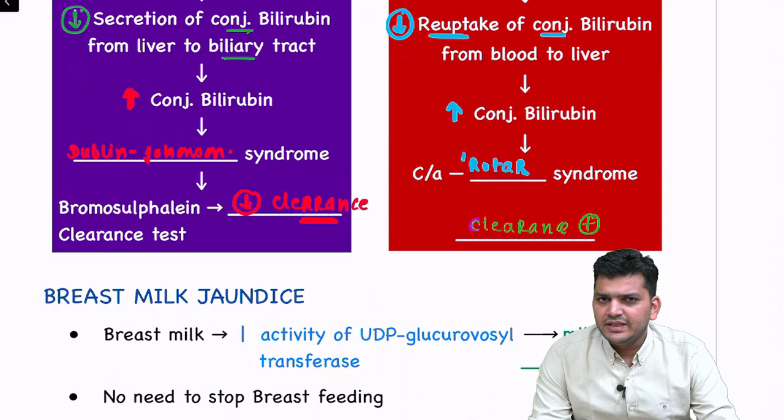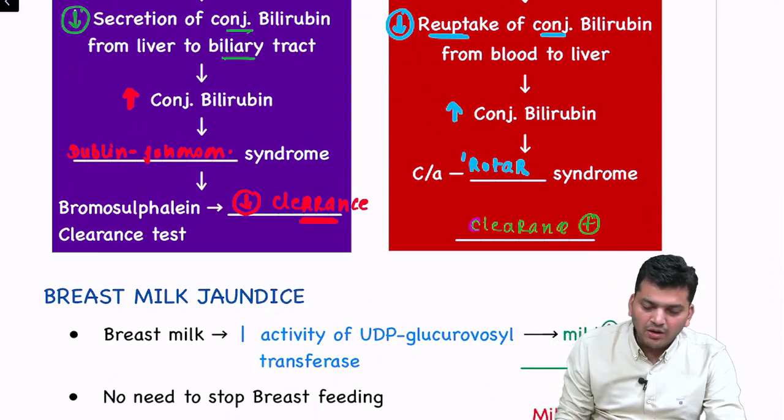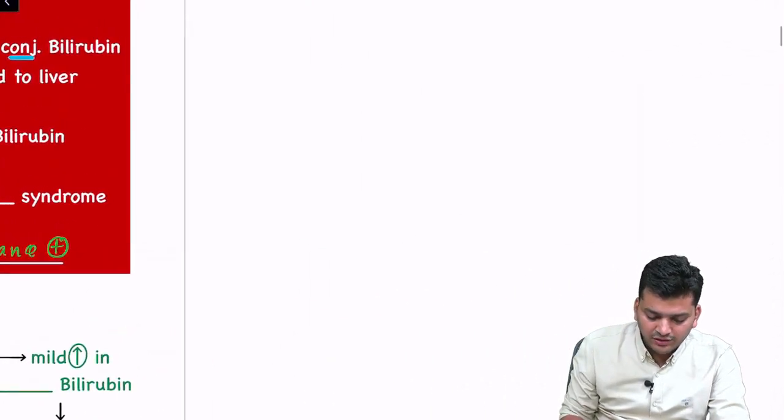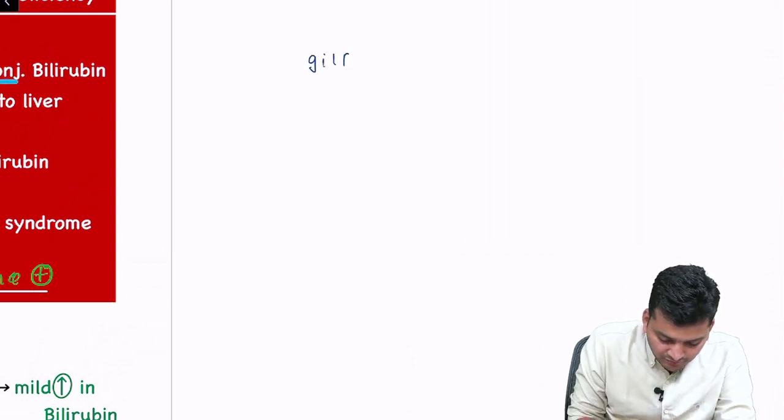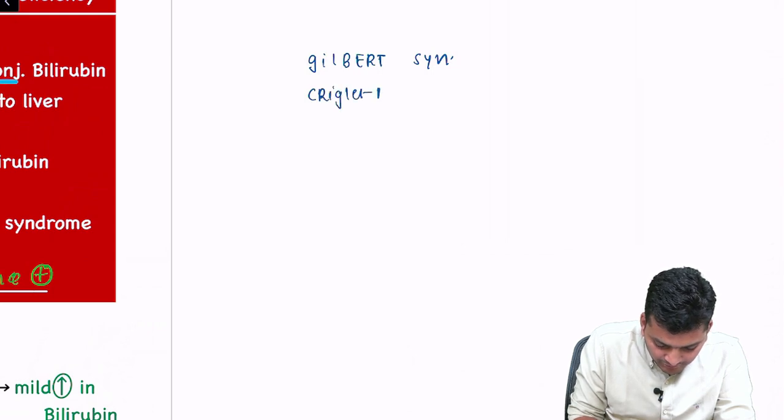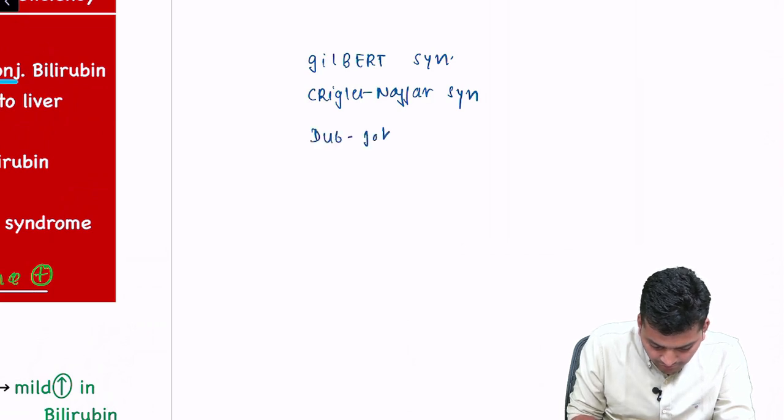Recently a question came. Before I go to that question, I will just tell you one simple mnemonic. See, we have discussed 4 diseases. First, Gilbert syndrome, then Crigler-Najjar, Dubin-Johnson, and Rotor.